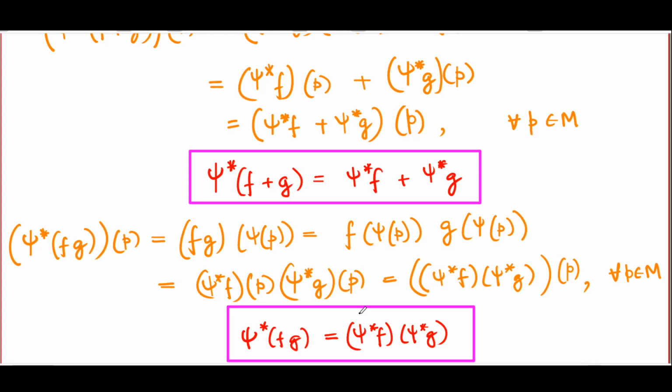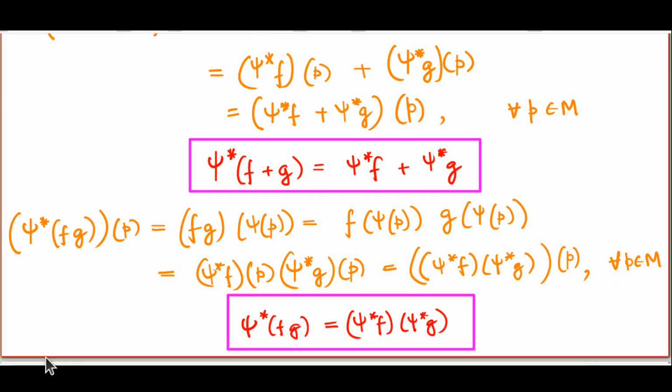This result is going to be quite useful in establishing a lot of non-trivial things in the future. So although this looks very simple and obvious, it is a very interesting and important result to bear in mind. It will turn out that the pullback operation will play a very important role in our next topic, which is the introduction of the notion of vectors on a manifold.